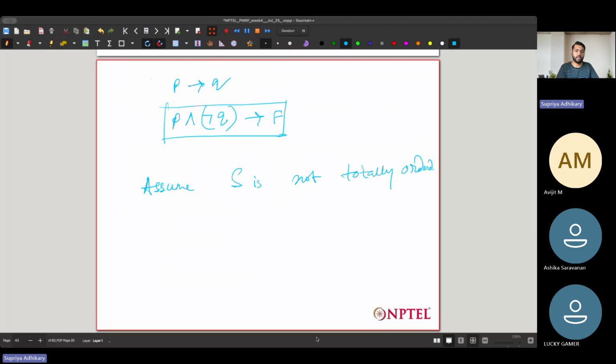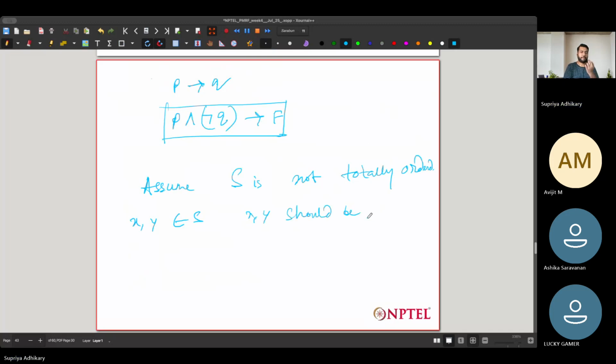Totally ordered says that for every pair X and Y in S, X and Y should be comparable. That means that either one of these two is true.